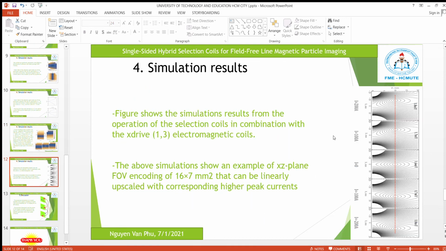The figure shows the simulation result from the operation of the theoretical design in combination with the driver coils. The above simulation shows an example of XZ plane FOV encoding of 16.7 millimeters that can be linearly upscaled with correspondingly higher peak current.